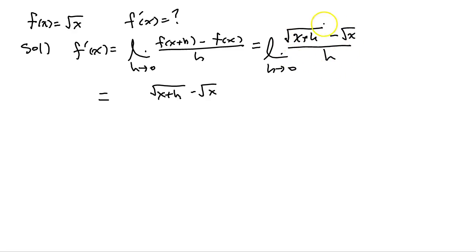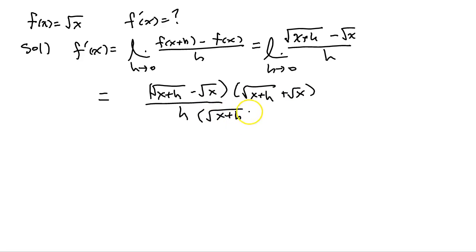So the only way you can figure out this type of limit is to multiply the so-called conjugate to the top and bottom. So you have square root of x plus h plus square root of x, multiplied to both top and bottom. Limit h going to 0.